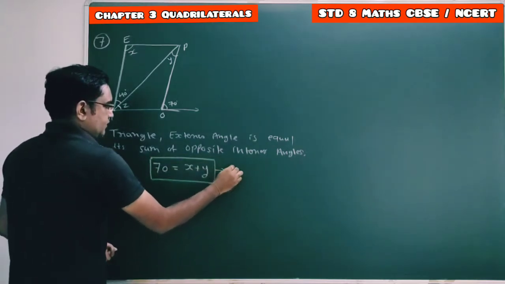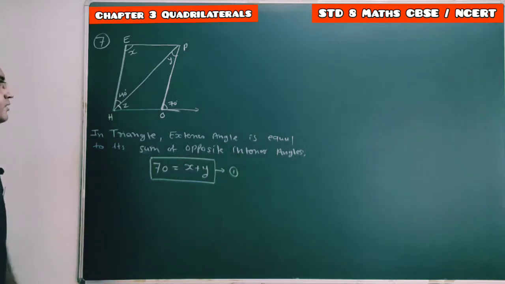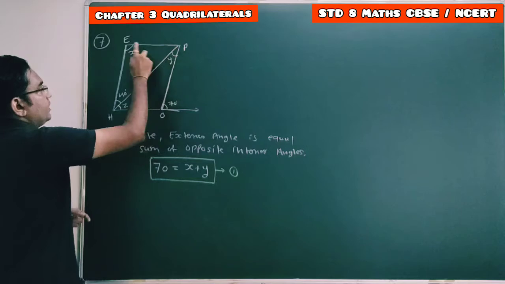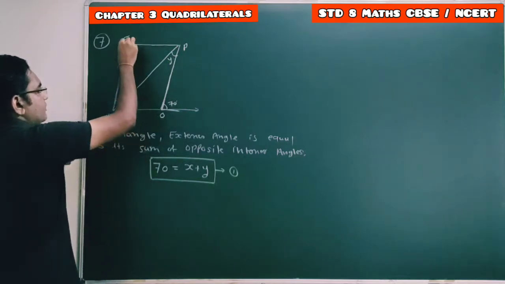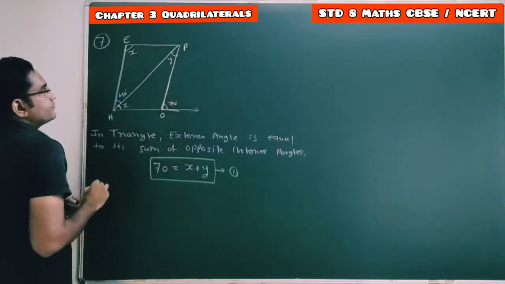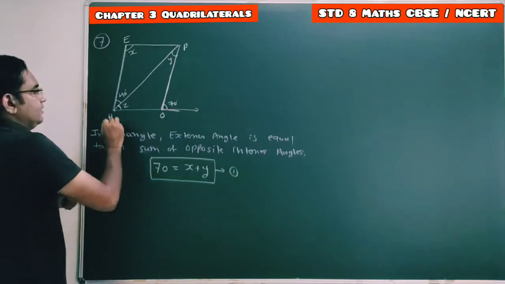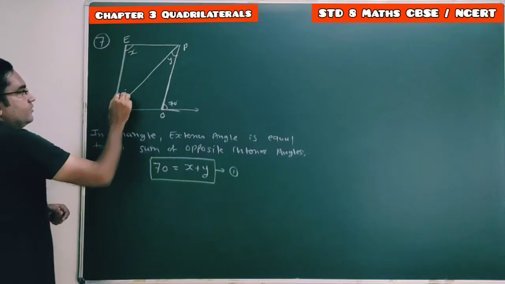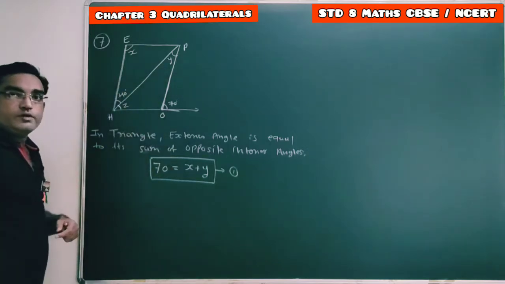Say this one as result number 1 by using the first property. Now here HOPE is a parallelogram. So both sides HE and PO are parallel, and can we say HP is a transversal, and hence 40 and Y are a pair of interior angles.